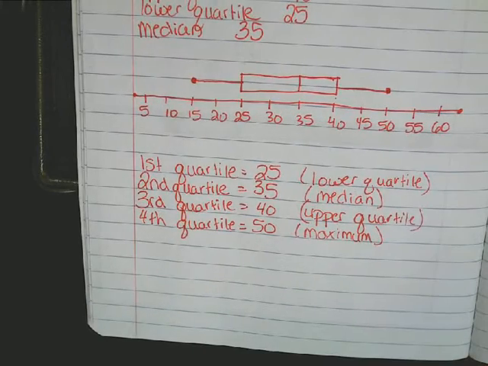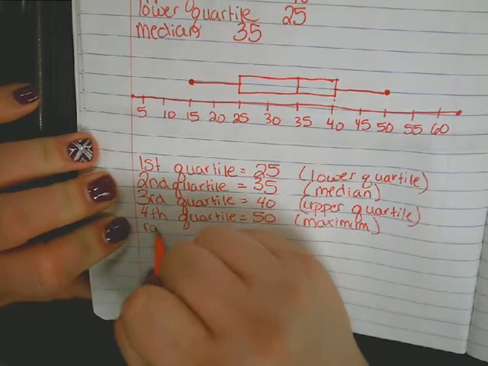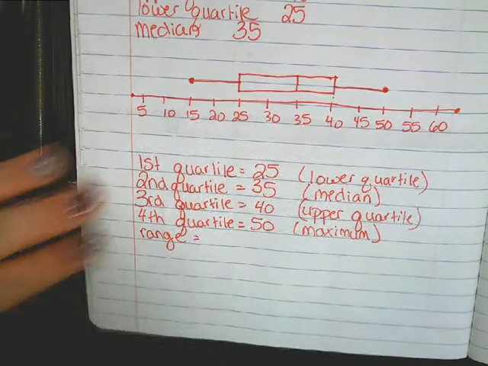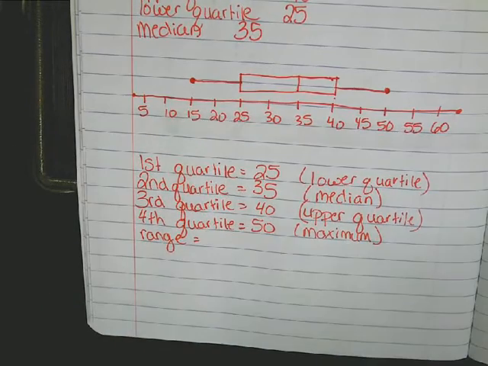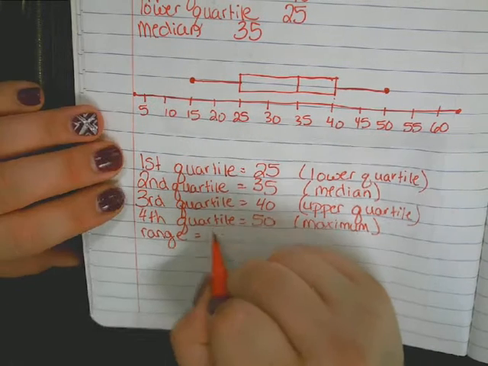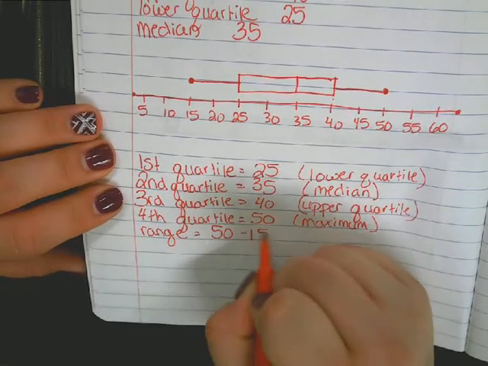When I'm looking at this, I can also find my range. I'm looking for the highest number minus the smallest number. My highest number was 50. My smallest number was 15. But wait, why can't I use 60 and 5?